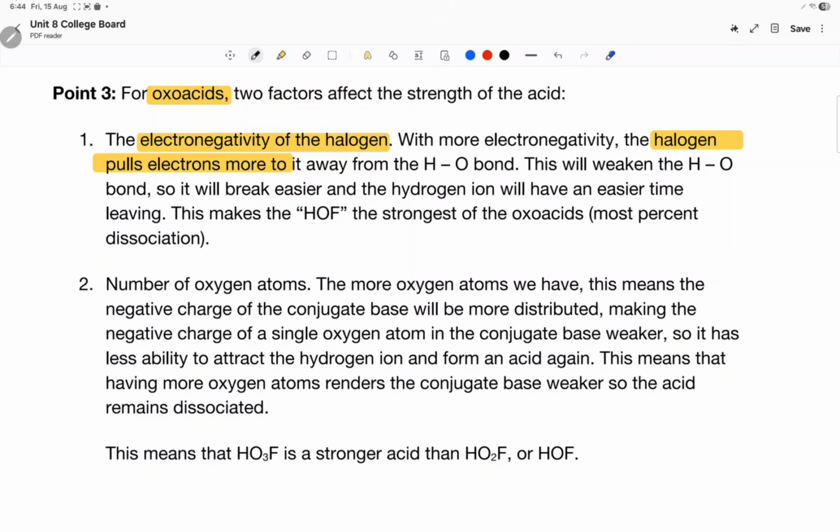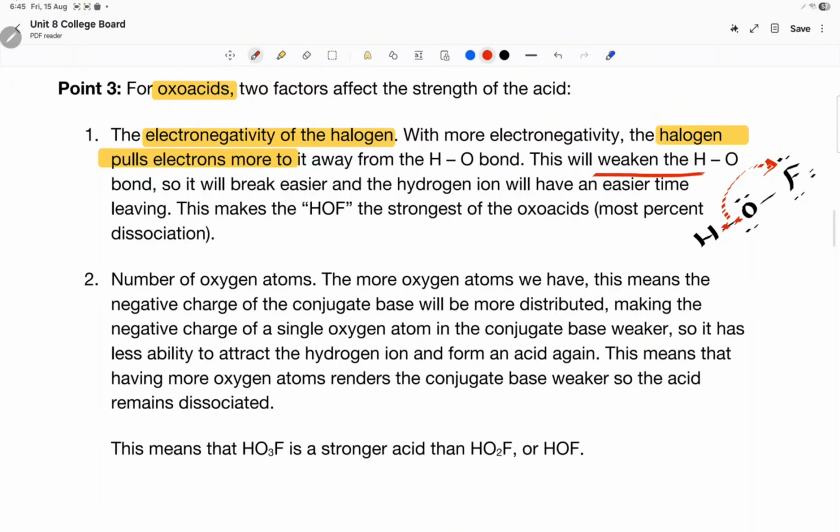So for example, if I have HOF, that's an oxoacid. The more electronegative halogen pulls the electrons of the bond toward it. The electrons in this bond are getting pulled toward the F. When the bond starts to lose its electron density, the bond becomes weaker.